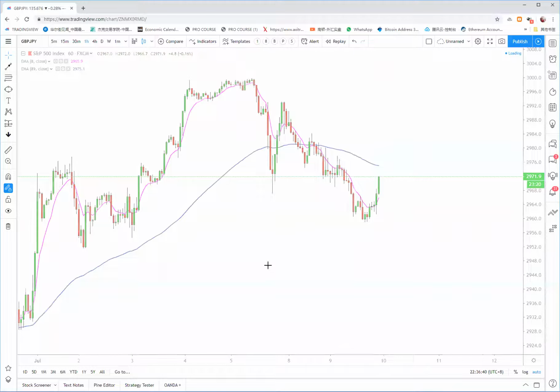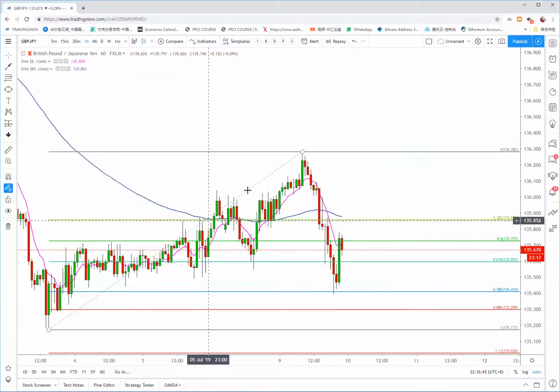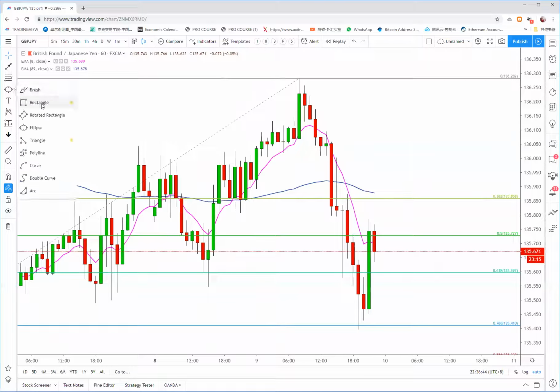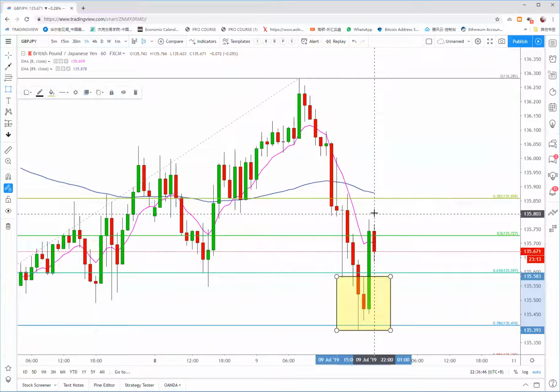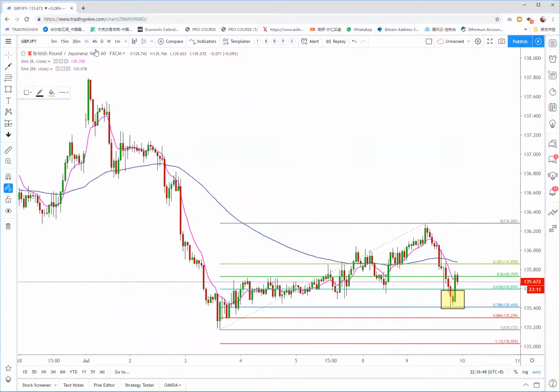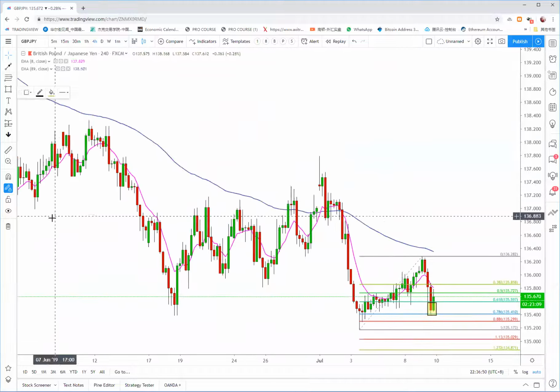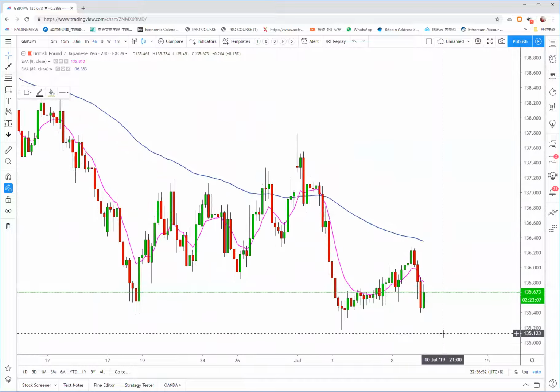Sterling yen, yeah, good to buy. You see here on the 1 hour chart, it actually gives you an insight about breaking up, same as sterling dollar. And for sterling yen, remember the dollar yen is going up, so sterling yen is not likely to make a new low.